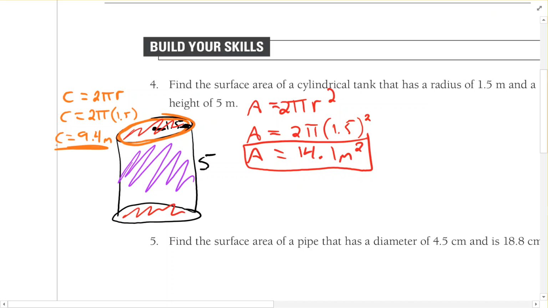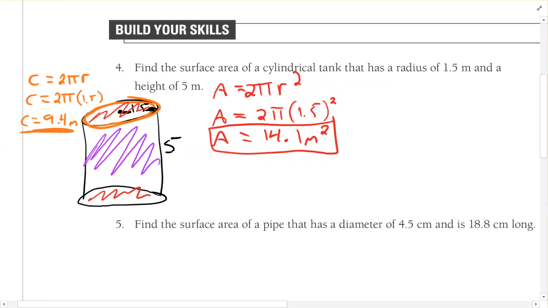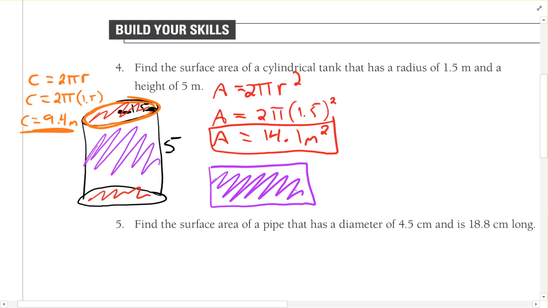So we're going to need that. That's going to be the top of our rectangle now. So in purple here, if we unwrap that whole middle section, we'd have a shape that was like a rectangle. The top of our rectangle, if we're trying to figure out the surface area of that, is going to be 9.4. That's the distance from there to there in our rectangle. The up and down part of our rectangle, oh, should have made that purple, is going to be 5.